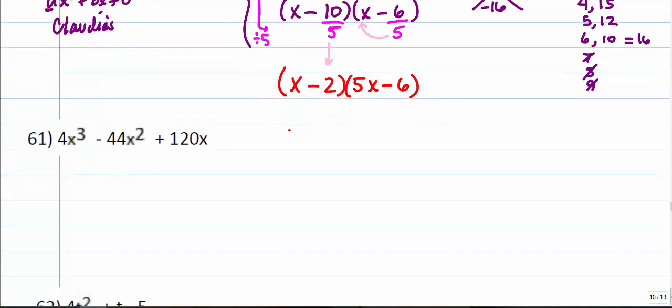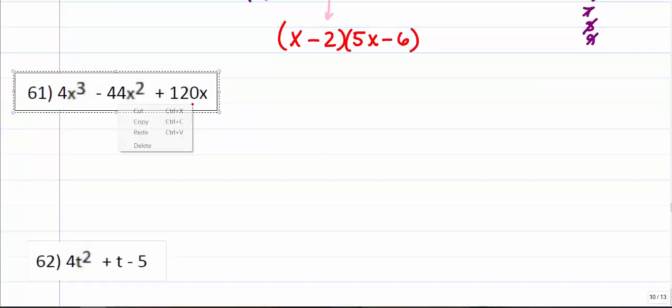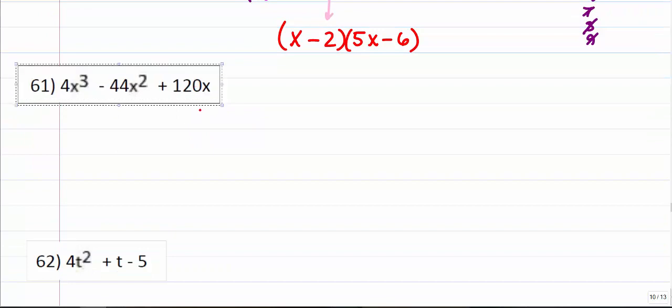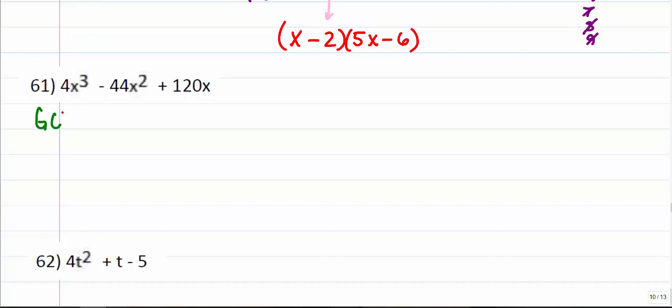All right, 61. It might look like what we just did, but notice there is a GCF here. The GCF, if I look at this, 4x cubed minus 44x squared plus 120x. So let's see, what do they all have in common?